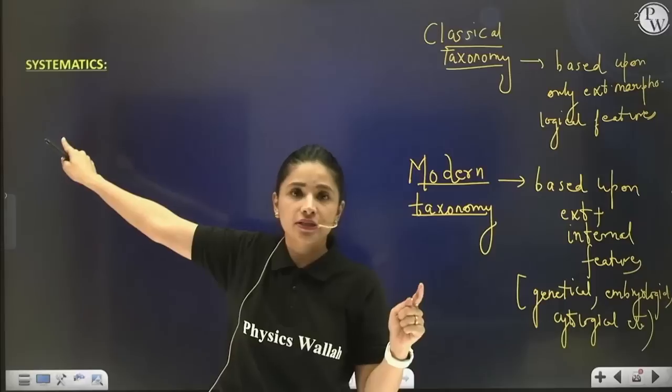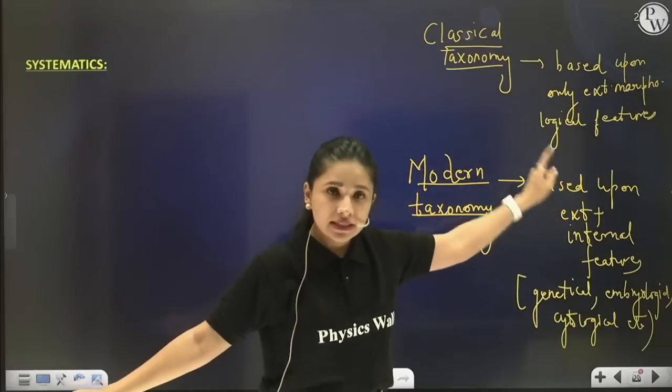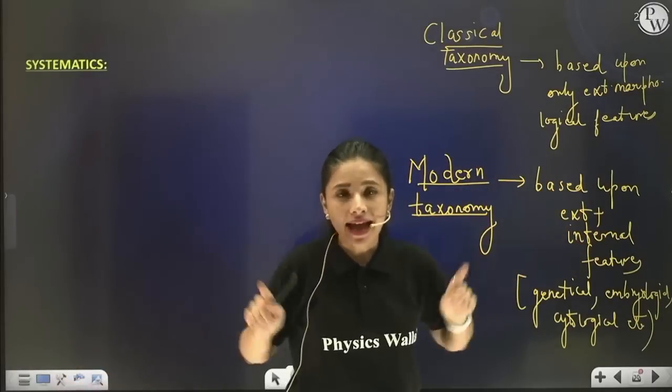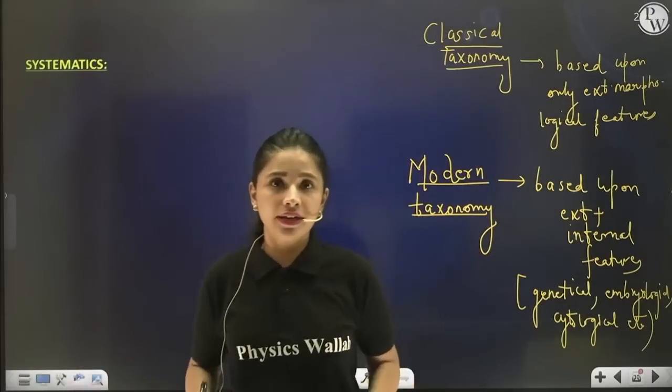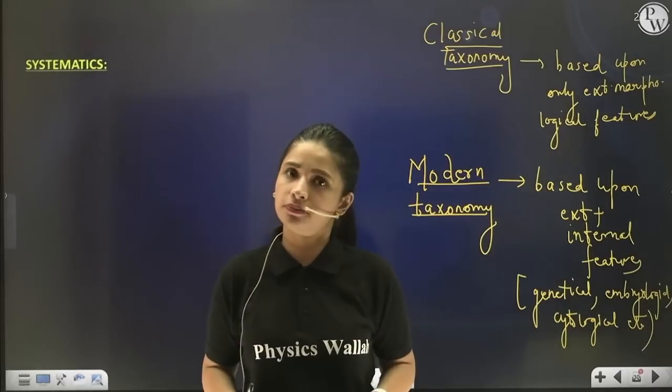This type of taxonomy is using internal features, external features, as well as evolutionary relationship among the organisms for classification.